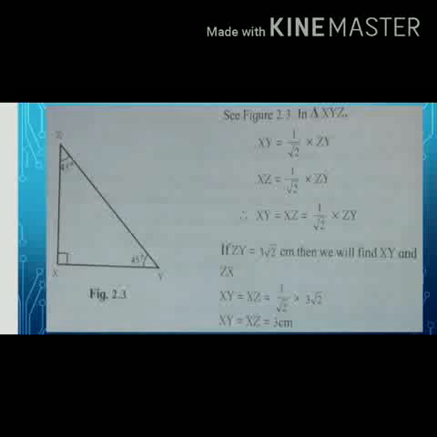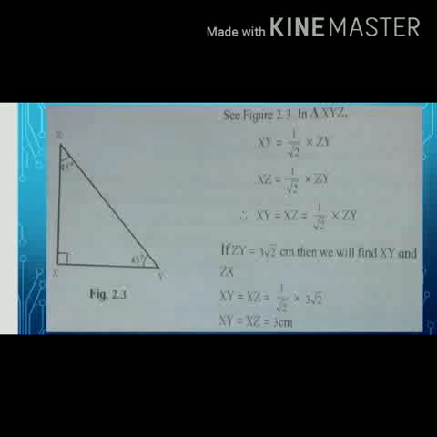In this figure, the sides XY and XZ are equal, and the hypotenuse is YZ. Now, according to this property, the side XY is opposite to 45 degree.